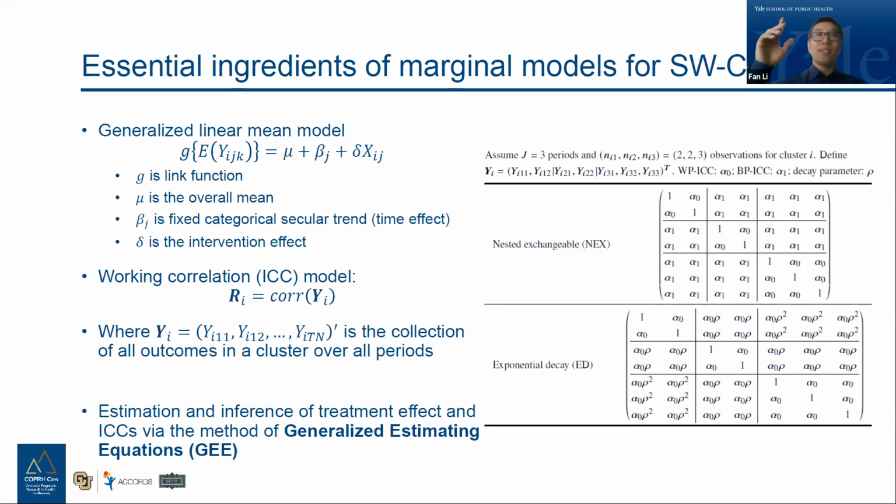For example, on the right-hand side, we are giving two examples, where we specify the working ICC model for the nested exchangeable as well as the exponential decay correlation structures that we have visited earlier in the context of the linear mixed model. Once we have the marginal mean model, the generalized linear mean model, as well as the working ICC model, the estimation and inference of the treatment effect and ICC parameters for SW-CRTs can proceed via the method of generalized estimating equations, or GEE.